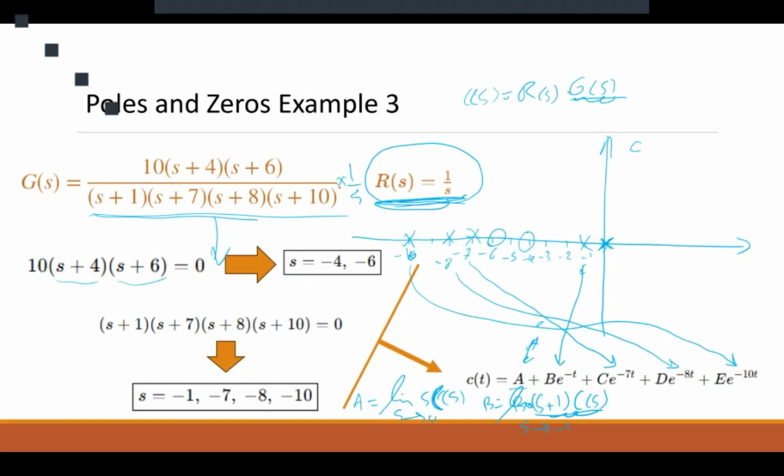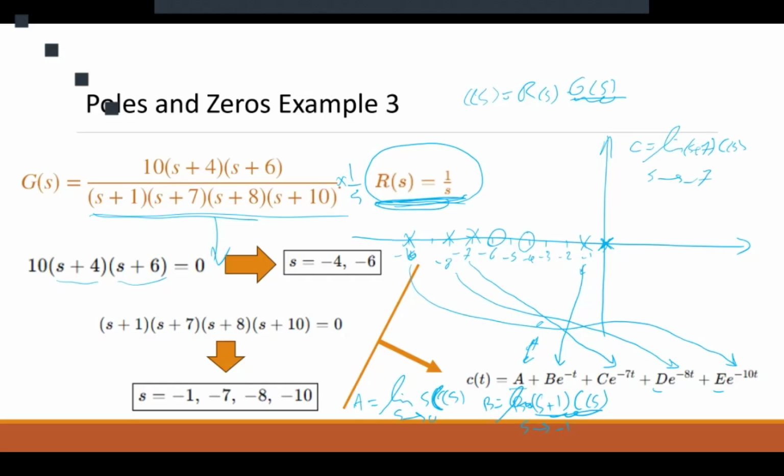The C is the limit of S plus 7 times C of S when S goes to minus 7. And you can imagine what the D and E are. Are we good? So very easy.